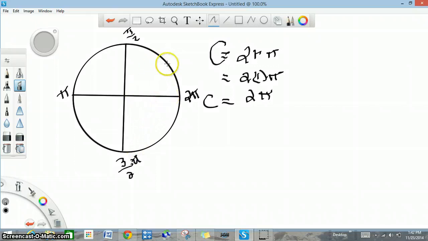I can further divide, and I can say that if this is 1/4, if this is 1/2, then this is 1/4 pi. This is 2/4 pi. This is 3/4 pi. 4/4 pi. 5/4 pi. 6/4. 7/4 pi.